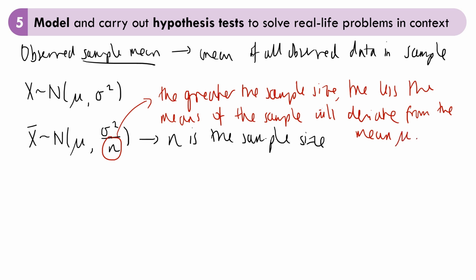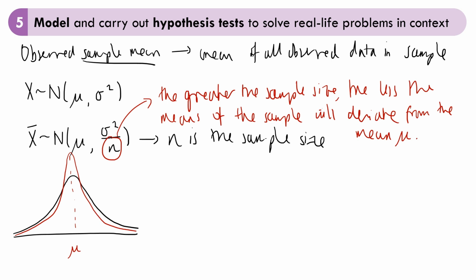Here, dividing by n essentially has the effect of squishing the normal distribution inwards, as the means of the samples are more likely to be closer to mu, the mean of the entire population.